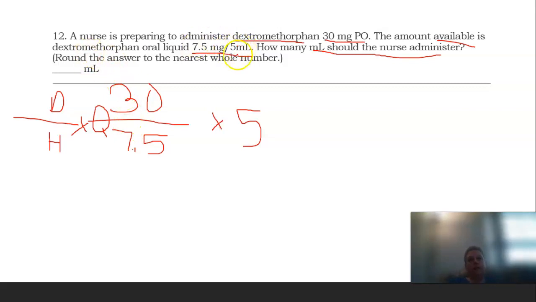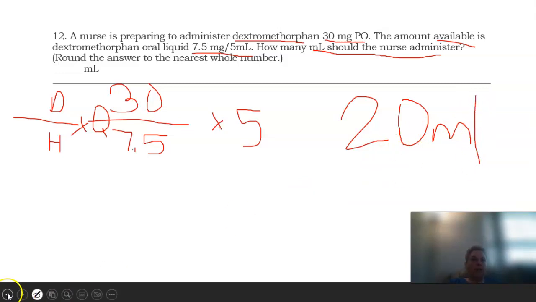I would need 20 milliliters. Yeah? 4 times this would equal 4 times this. Can I put 7.5 in my computer and times it by 4? Either way, I'm still finding my 30. So with 20 mils, I'm ready to go. Give my patient her med.